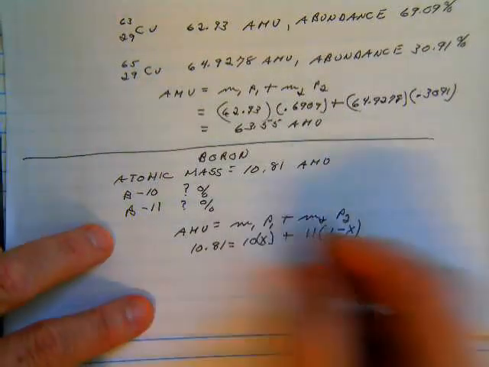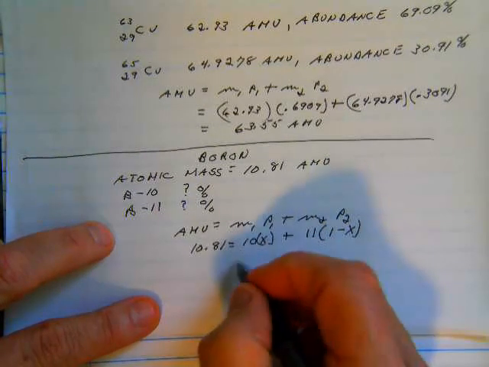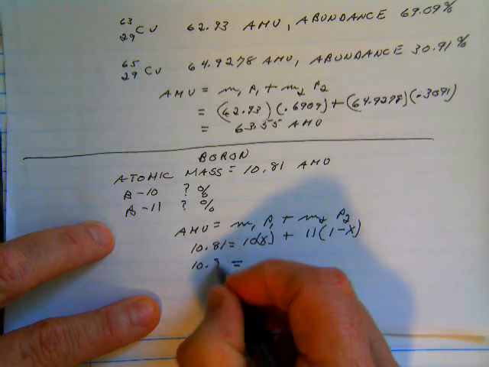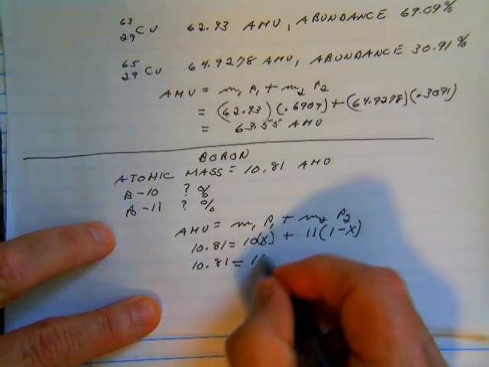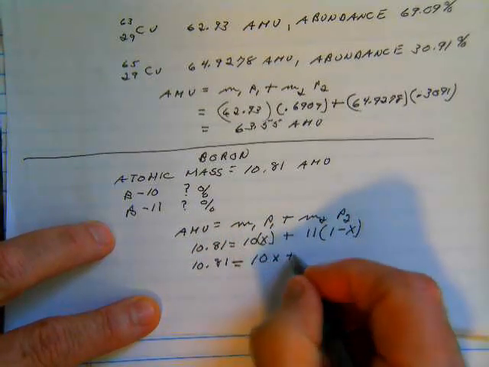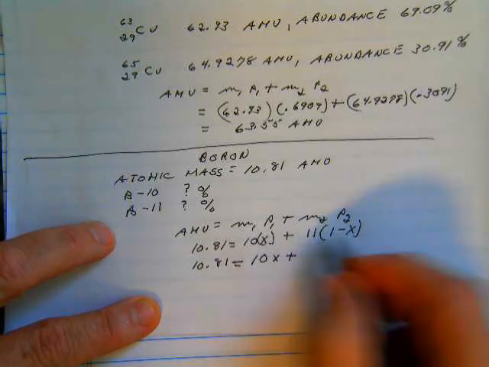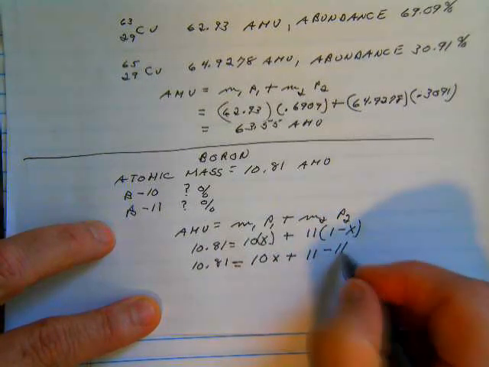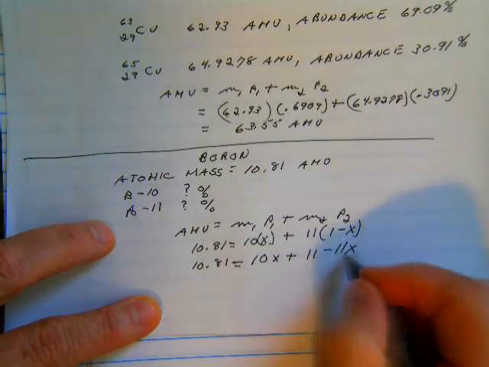So we can go ahead and start multiplying this out. 10 times X is 10X, plus 11 times 1 is 11, and 11 times negative X is negative 11X. So we've got that.